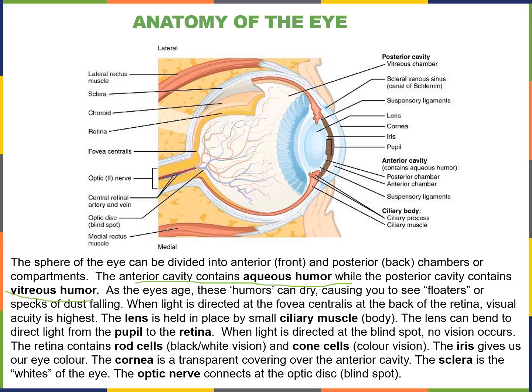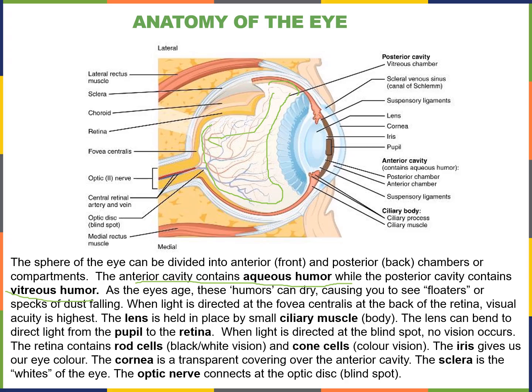So let's identify the posterior cavity. It's easier to identify, and that is sort of this part here. This is folded in to show you, but that would be all of this kind of white area here. What most of us would consider kind of like the eyeball.